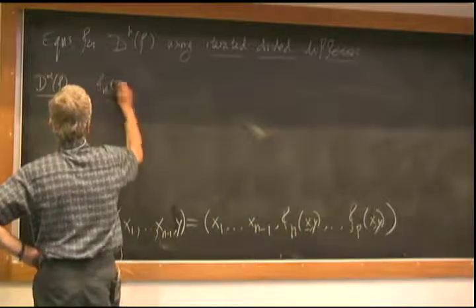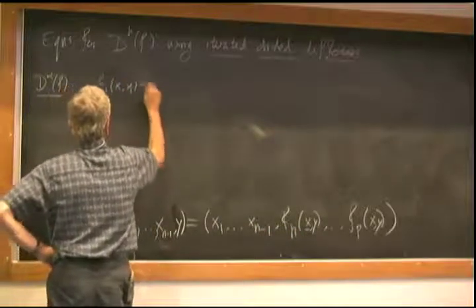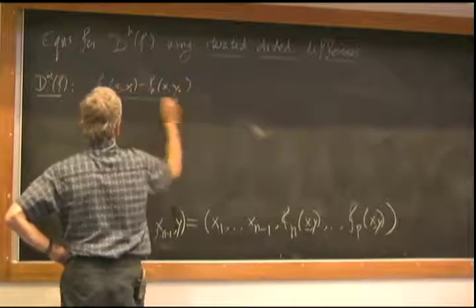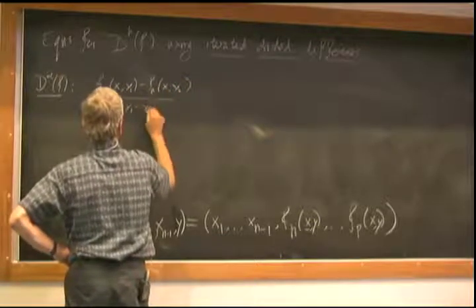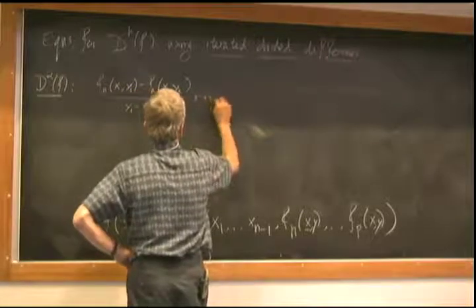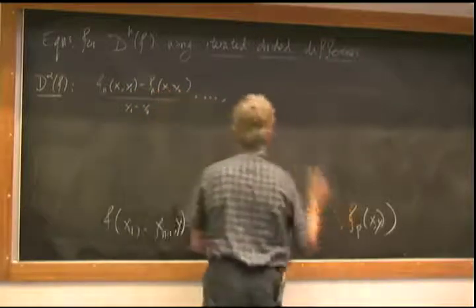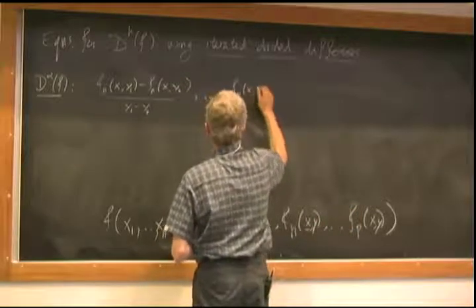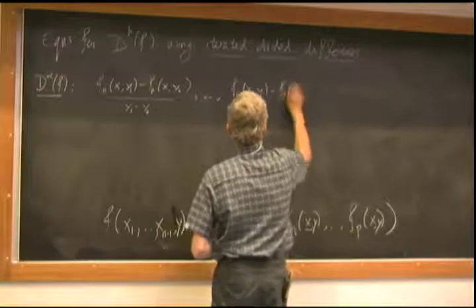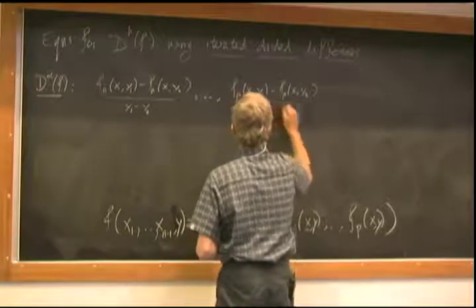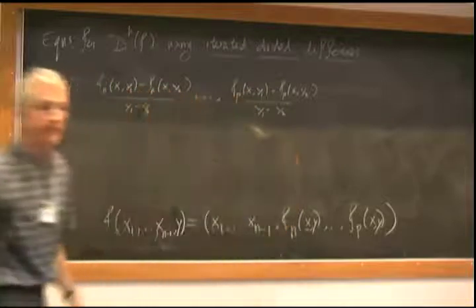So fn of x, y1 minus fn of x, y2, and I divide by y1 minus y2. And I have to do the same for all of these last set of coordinates. So fp of x, y1 minus fp of x, y2 over y1 minus y2.